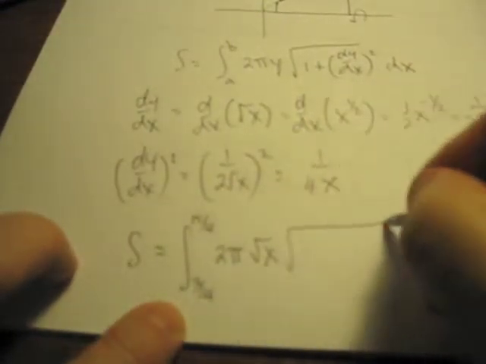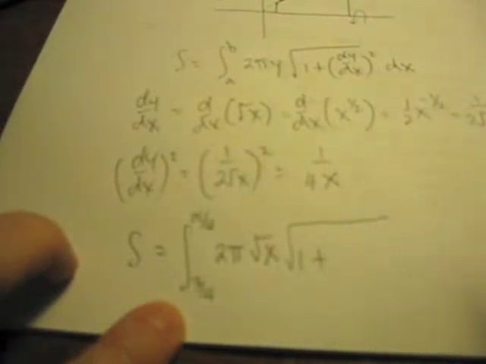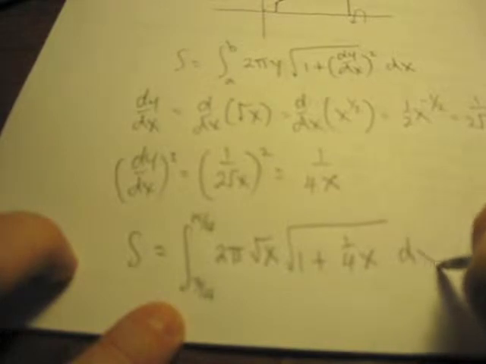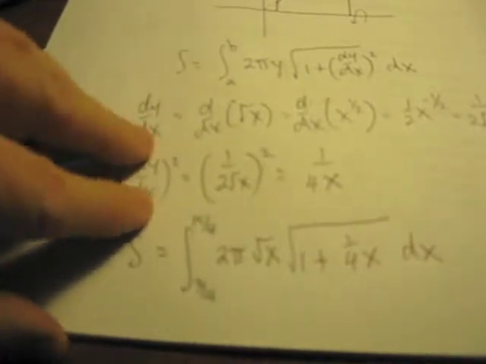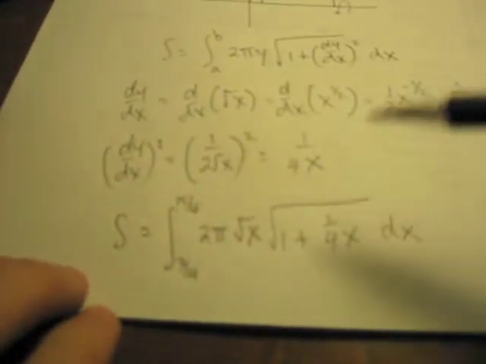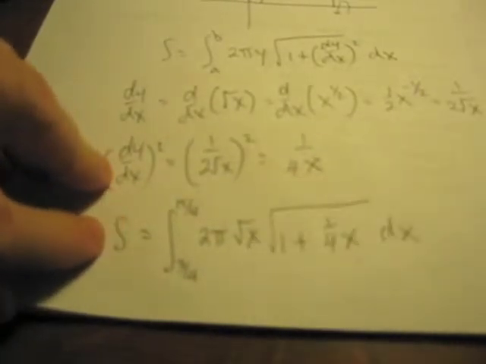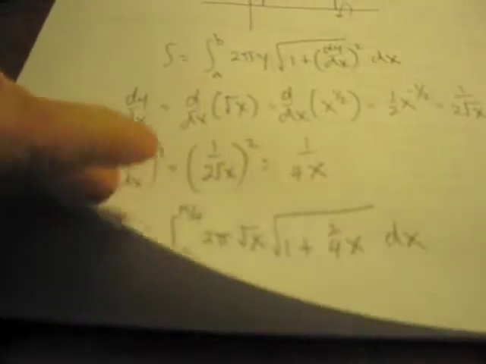And then we have the square root of 1 plus dy on dx squared, which is 1 on 4x with respect to x. Alright, so make sure you follow that. We've substituted here 1 on 4x. And here's y, which is the square root of x. Alright, so now we've got to look at ways to see if we can solve this.